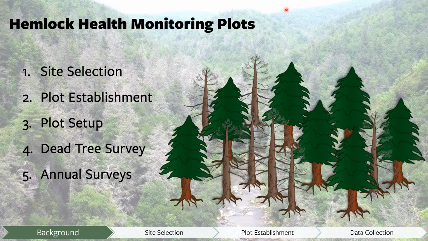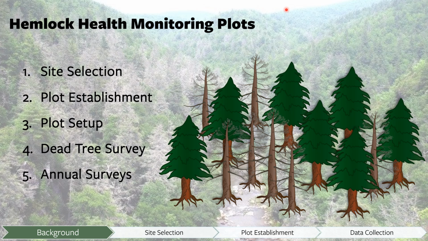You'll select an area to put your plots in, called your site. You'll establish 1 or more plots. You'll set up your plots by tagging your trees. You'll do a brief survey of the dead trees within that plot, and then you'll conduct your annual survey, where you collect data on the health of those trees, their crown health, the degree of hemlock woolly adelgid infestation and elongate hemlock scale infestation, etc. That's all year 1.